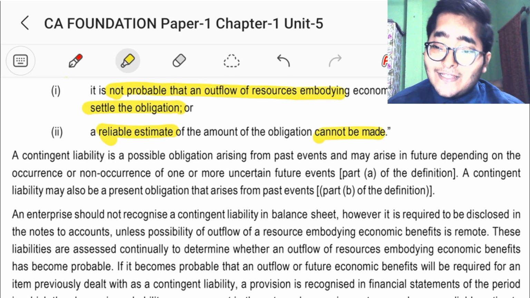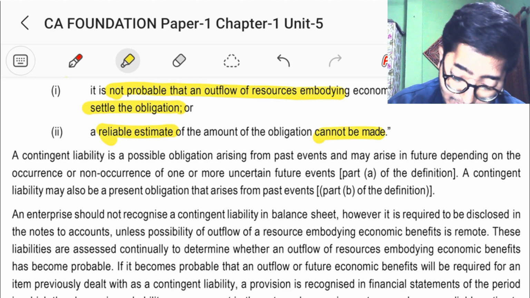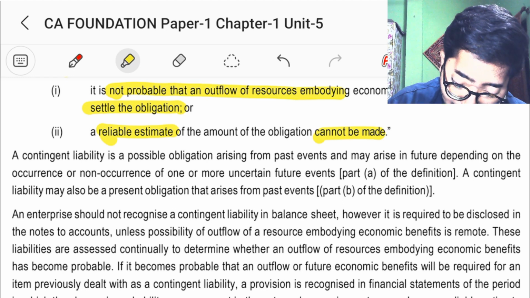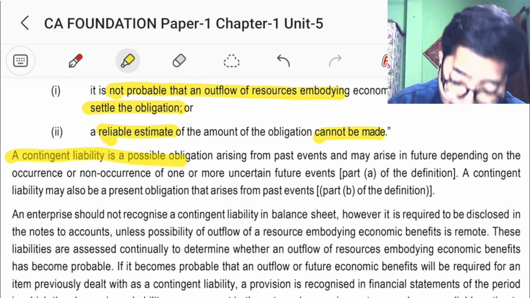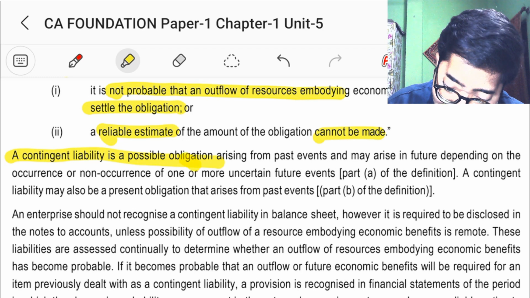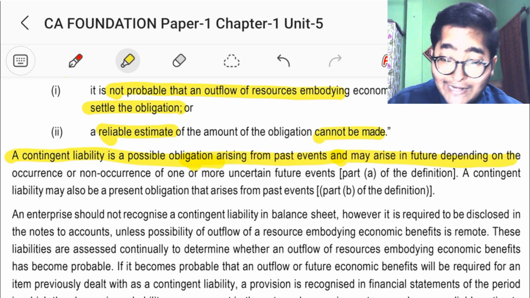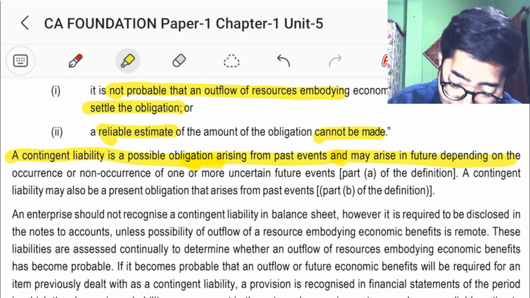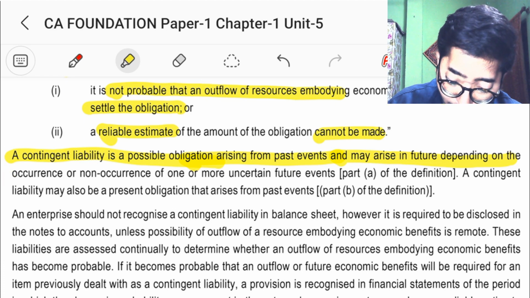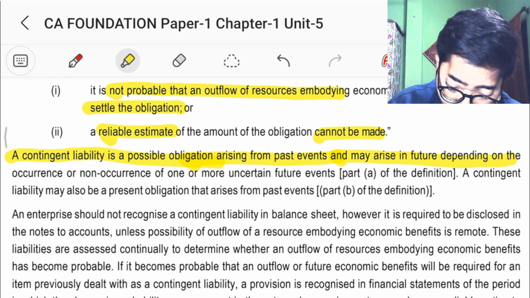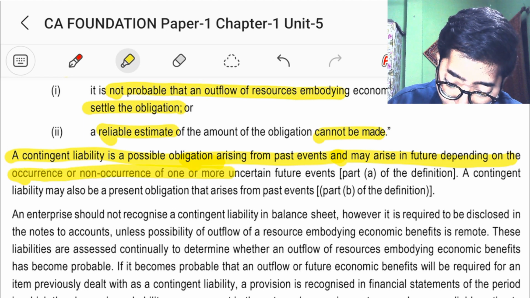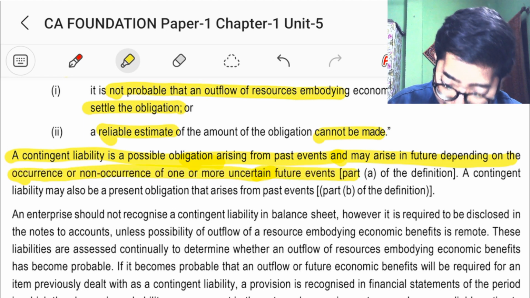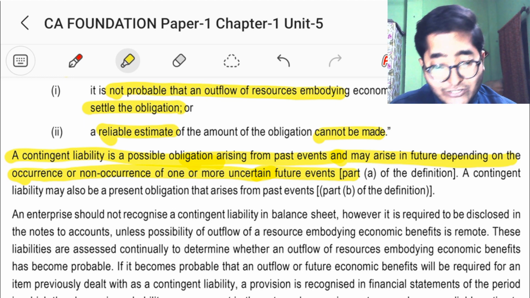I will be marking them with two different colors. So our first portion: a contingent liability is a possible obligation arising from past events and may arise in future depending on the occurrence or non-occurrence of one or more uncertain future events. That is the part A definition.